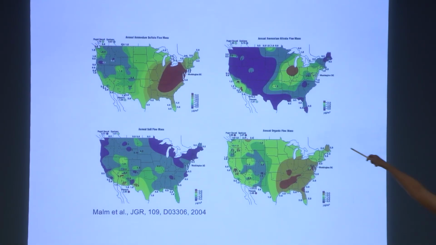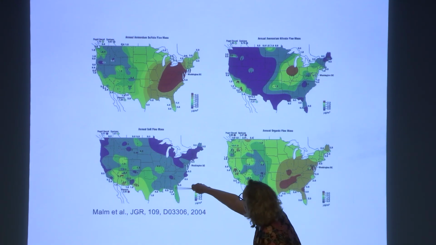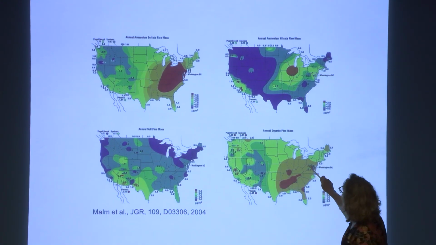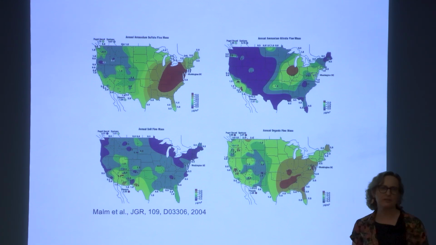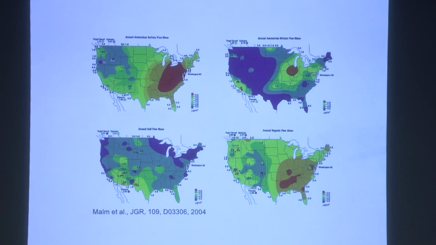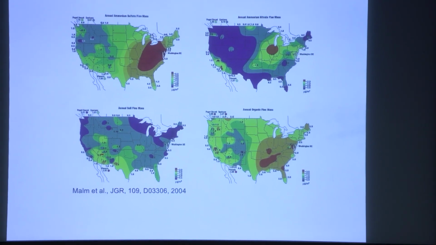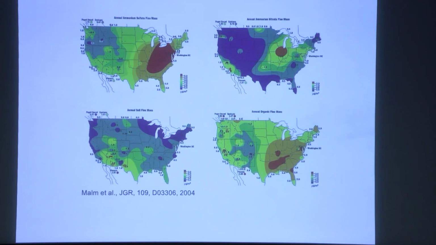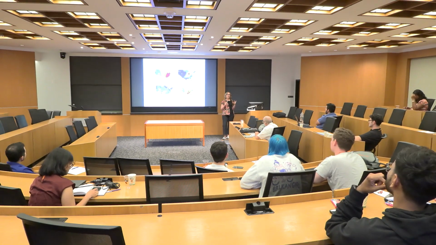So here's the solution. Okay, ammonium sulfate, we got that. Nitrate, yes. Soil, and then the organic fine mass. So what's happening in the south here? Agriculture and flooding, agriculture, plowing up the stuff. There's other things too in the southwest. Oil fields? Think more about forests.